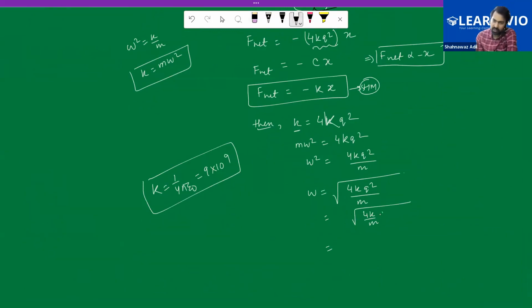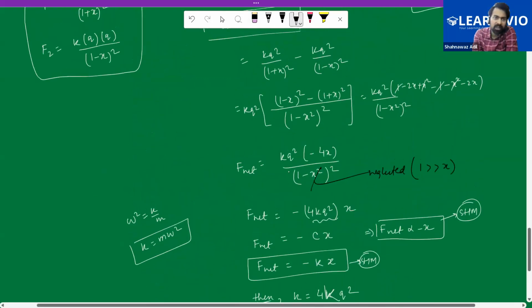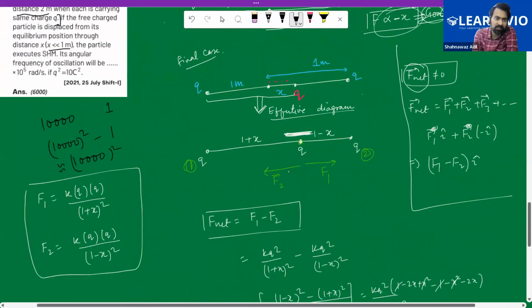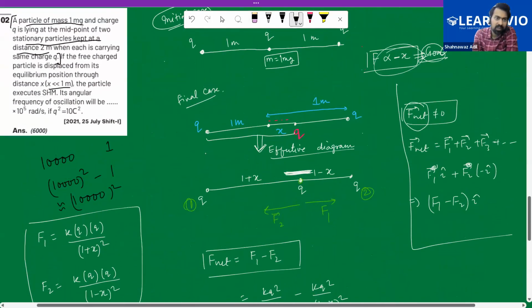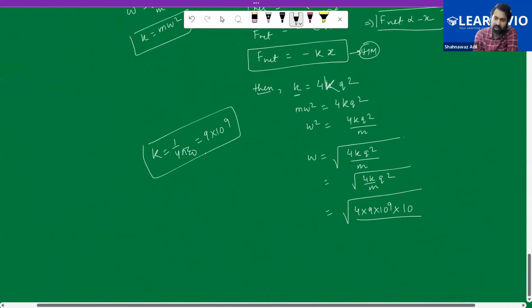So this is Q square. So 4, 9 into 10 to the power 9. This Q is 10 C square divided by mass, which is 1 milligram. So we put the value of mass: 1 milligram is 10 to the power minus 3.